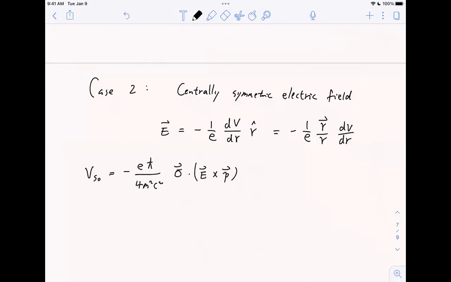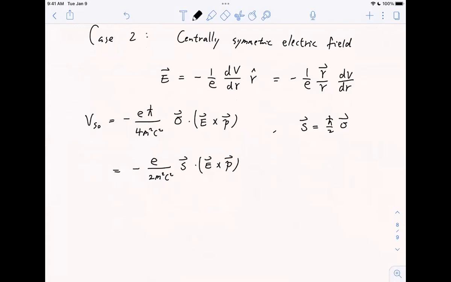Okay, so this is the general form. Then we're going to use S as the spin, and put it in. So this will become 2, and then this will be the S. Then you plug it in.